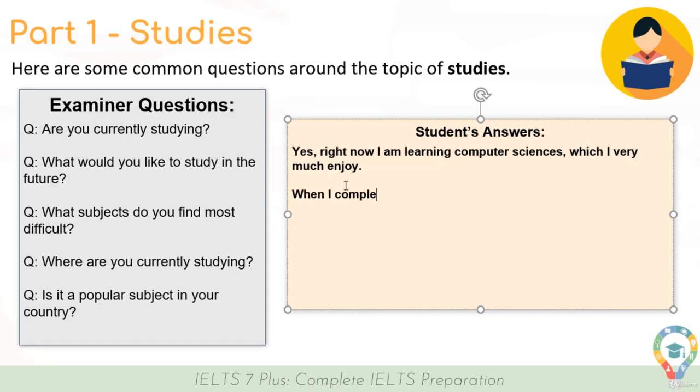When I complete my studies in the future, in other words, I hope to study my master's in, let's say, civil engineering. Apologies for my spelling whilst I'm talking. There may be some mistakes, but I'll check and change as we go through.